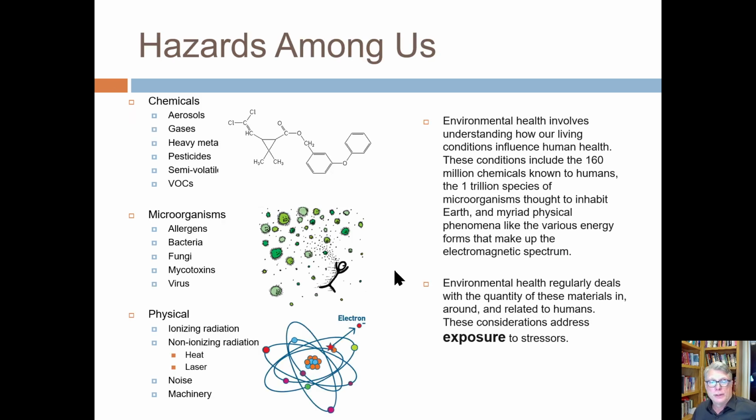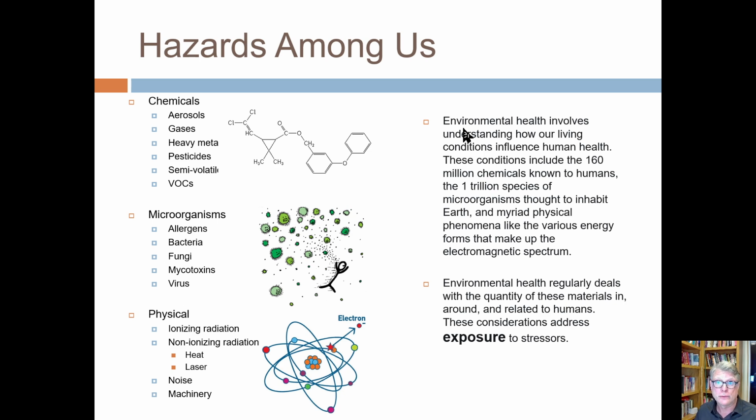Let's start with this: it's necessary to recognize that we live amidst numerous types of hazards to our health. Some of them are chemical, others are biological, and others are physical hazards.